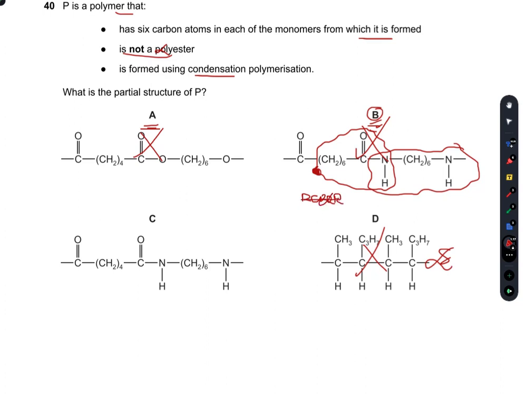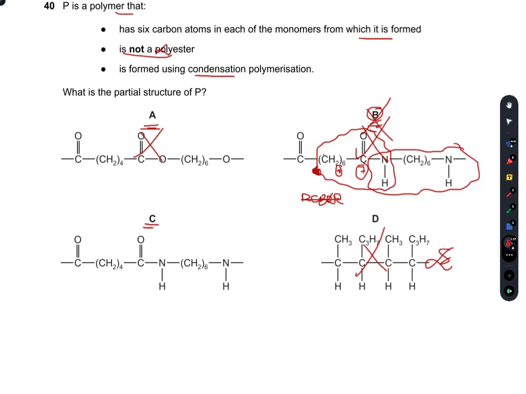It is not an ester. First of all, it has 1, 2, 3, 4, 5, 6, and this is the seventh. So it has 7 carbons in the monomer. So B is incorrect. We are only left with C.